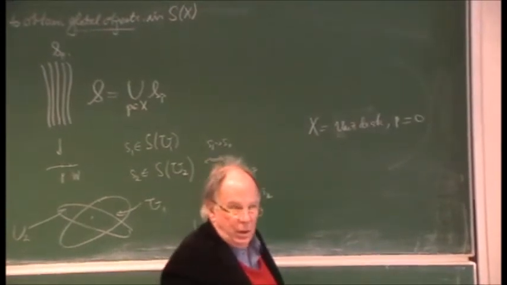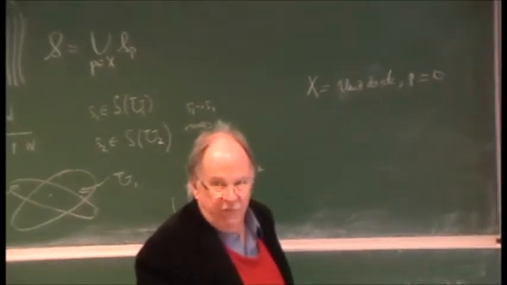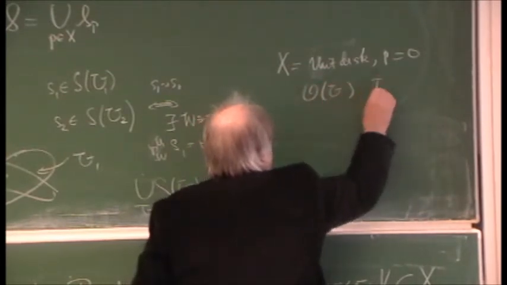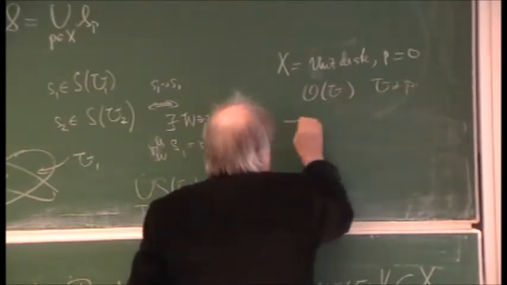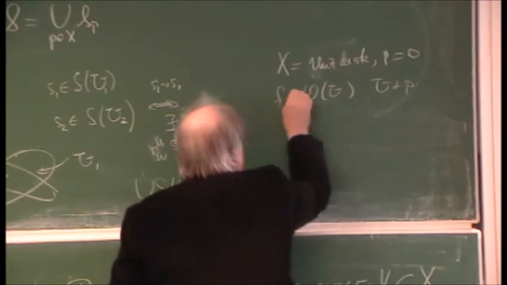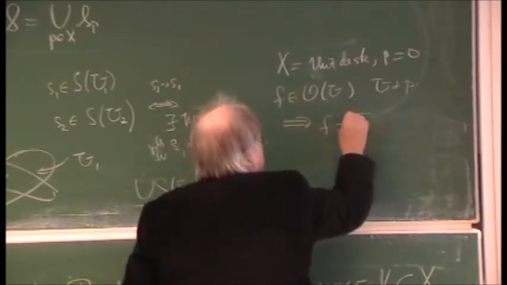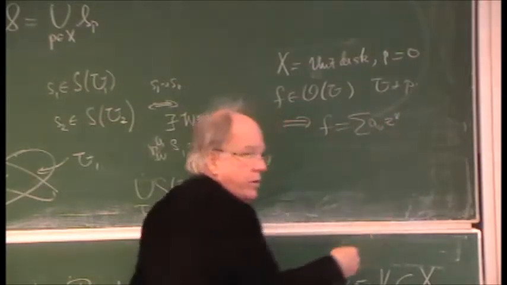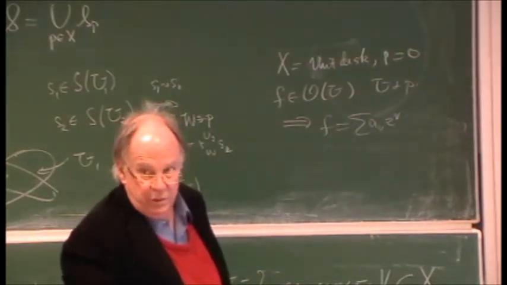Now, if you have a function which is holomorphic on U, and U contains P, then F has a power series expansion, sum of a_nu z^nu, in the neighborhood of P, in the neighborhood of 0.